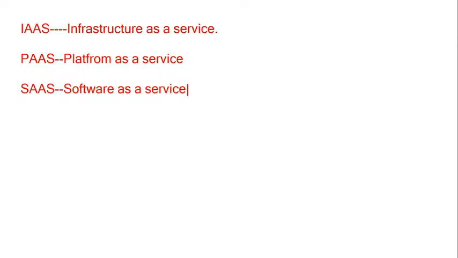In Infrastructure as a Service, the vendor provides the infrastructure. Application deployment and development should be managed by yourself. For example, you would like to deploy one Java application. For that you need to build 5 servers. Go ahead and build 5 servers within a minute.